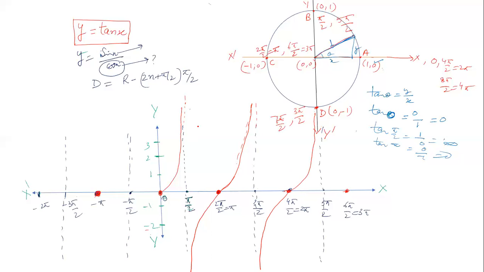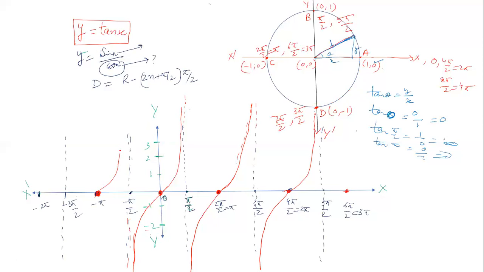And so on. Same way on this side: if we go from 0 to minus pi by 2, that is the fourth quadrant, where tangent is negative. So it will go like this, parallel to this line. Now from minus pi by 2 to minus pi, moving clockwise, this is the third quadrant, where tangent would be positive.